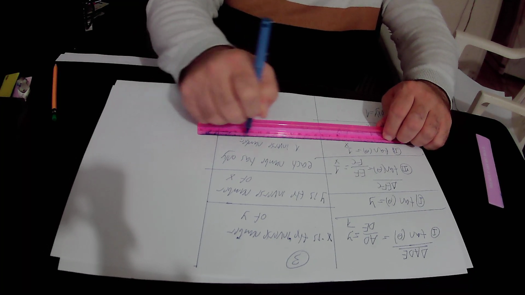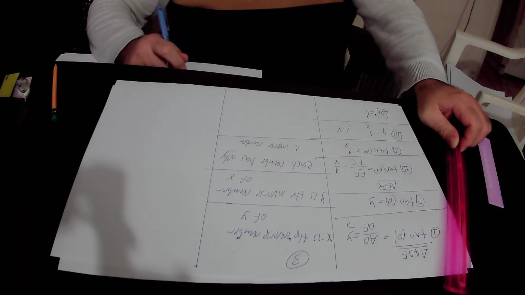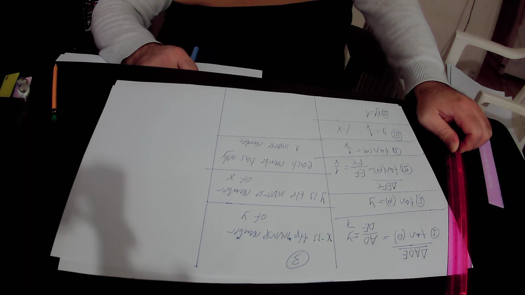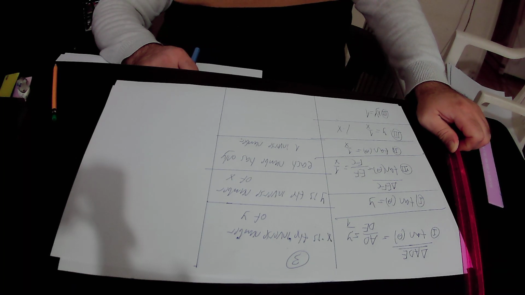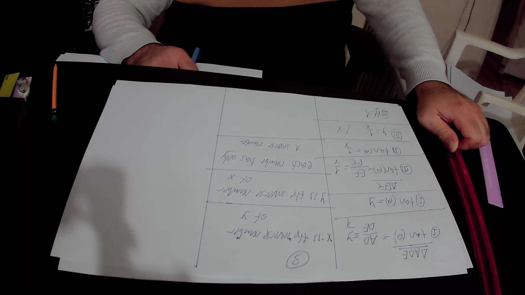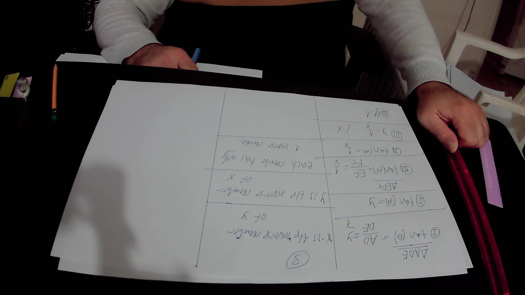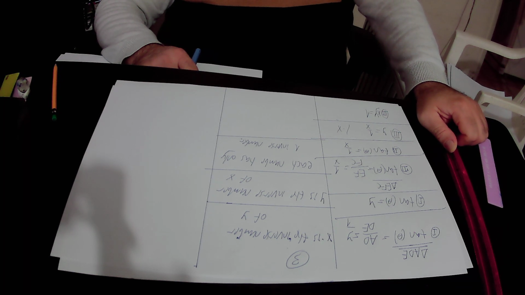For example, 1 over 5 is the inverse number of 5, and 1 over 5 is the only inverse number of 5. And 5 is the inverse number of 1 over 5, and only 5 is the inverse number of 1 over 5. Okay?